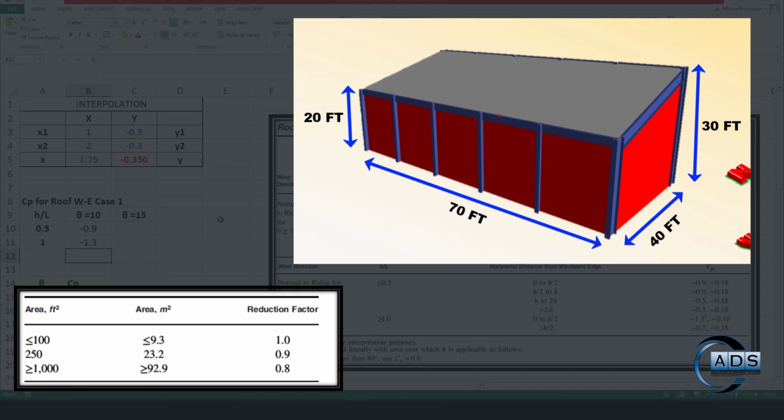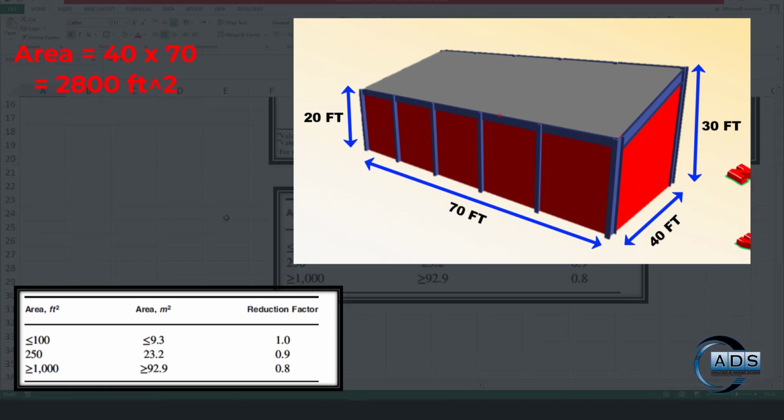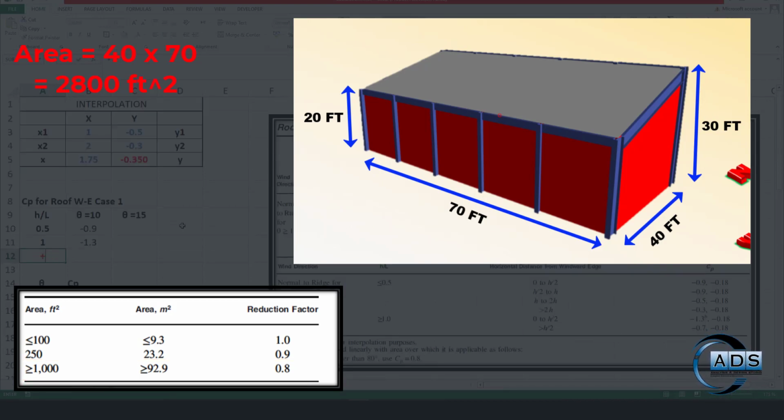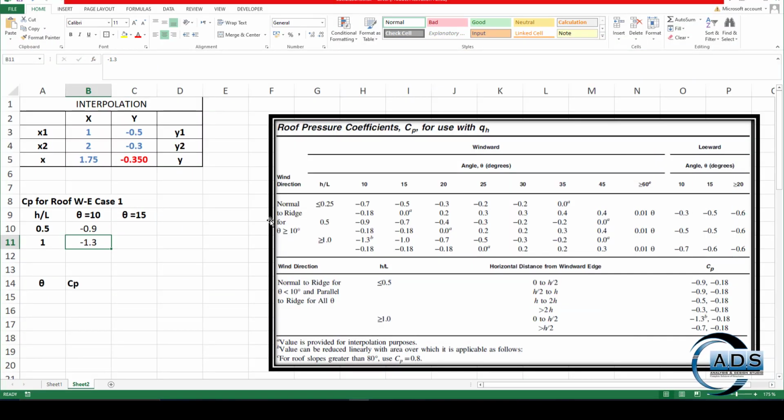Although it's inclined, on a rough basis it's 70. It's a projected plan dimension. So 40 by 70 foot is 2800 square foot, which is greater than 1000 square foot. So the reduction factor can be used as 0.8. So 0.8 times 1.3 is 1.04, so here we can write it as minus 1.04.